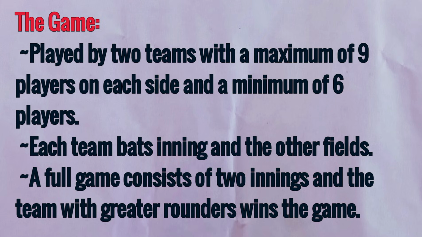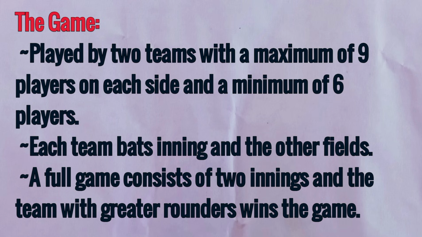But in some scenarios where 9 players cannot be in the field, then we can use 6 players a side. Each team bats an inning while the other fields. One team will be batting and another team will be fielding. A full game consists of 2 innings, and the team with the greater rounders wins the game. So the team with many rounders will win the game. That's how the game is.